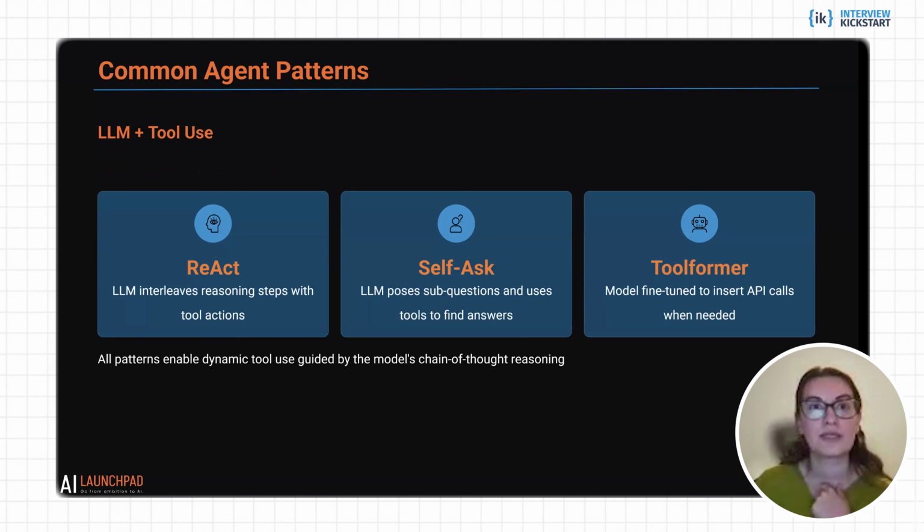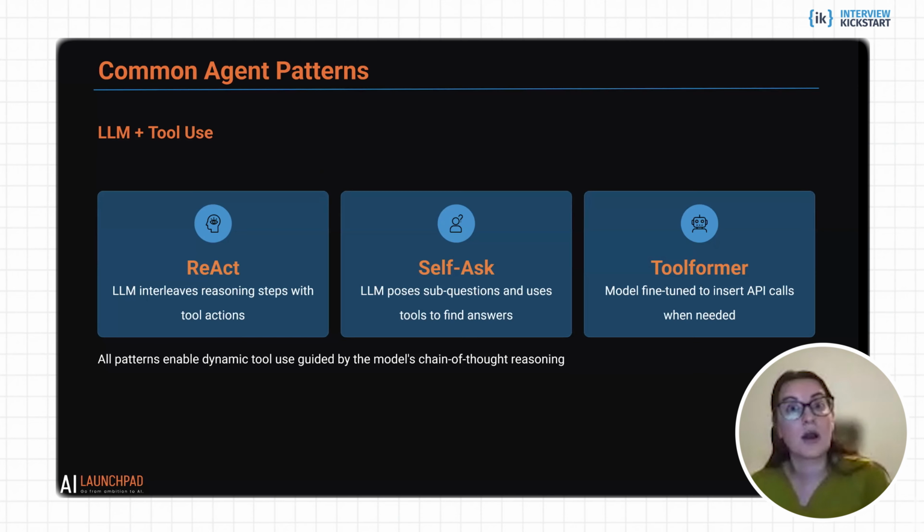There are some common architectural patterns. The first one is ReAct, which stands for Reason plus Act. This is where the model alternates between reasoning steps and tool calls. It literally thinks, and then acts based on the result. And there is Self-Ask.